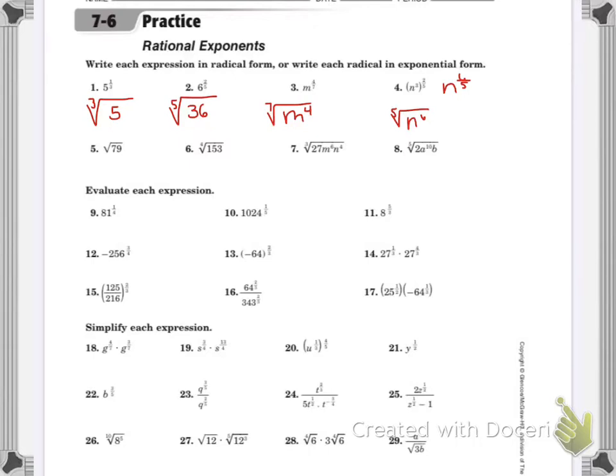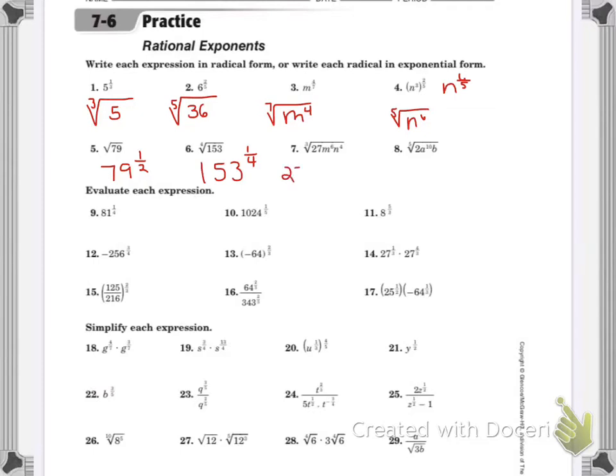Okay. In the next part, it's in radical form. We would just take it and put it in exponential form. So 7 to the 9 would be to the 1/2. Number 6, 15 cubed would be to the 1/4. Number 7, that would be each individual term.